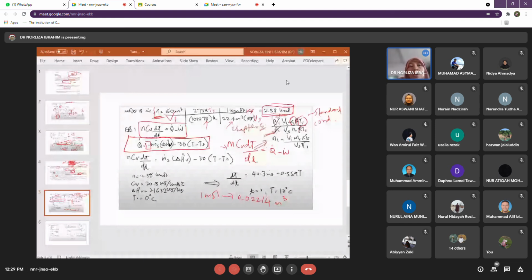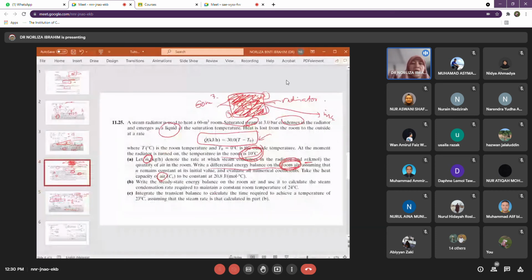That heat is also a loss from the room, from the radiator, so it combines with the loss of the Q earlier, and together they become the loss of the system. The second loss, because of the conversion from steam to liquid, is also negative, and this is the heat of vaporization, because as mentioned there, the steam condenses at the saturation temperature. Saturated steam condenses to saturated liquid at saturation temperature, so there is no other effect, only the phase change.